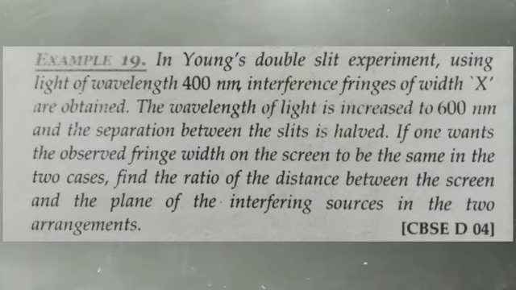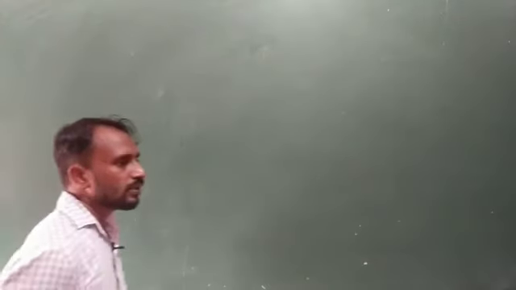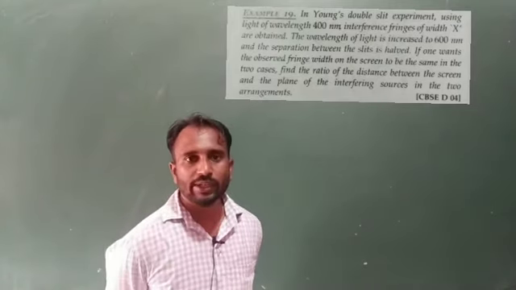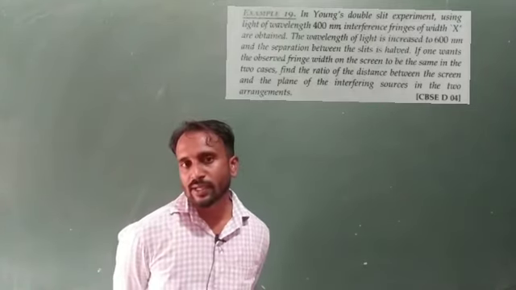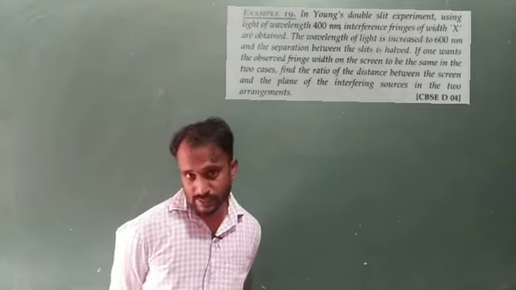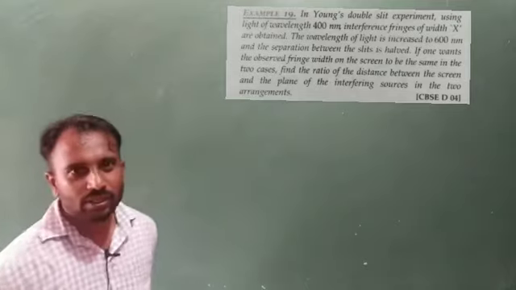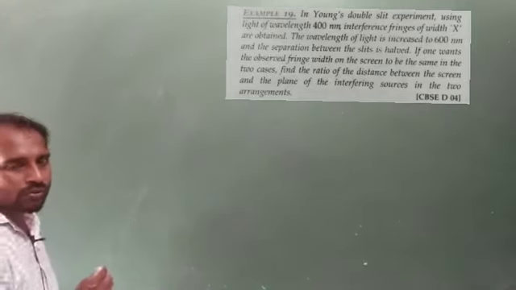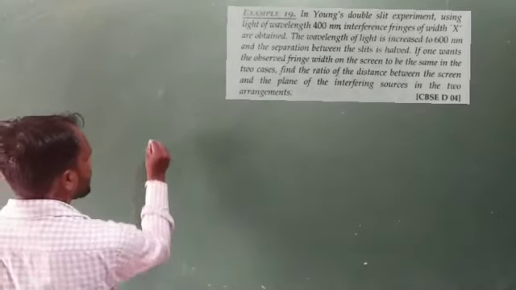Okay, so in this Young's double slit experiment, we consider the wavelength of the light to be 400 nanometer and 600 nanometer. The fringe width we consider to be x in both cases, the same for both cases.